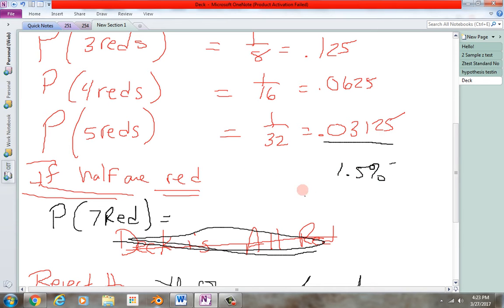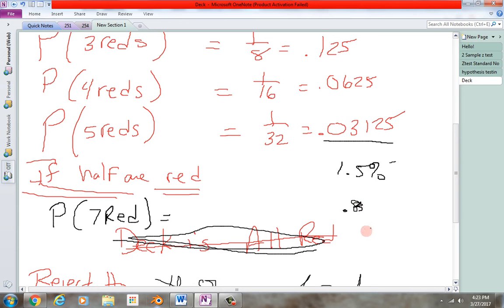For 7 reds it's roughly a 0.75% chance of getting 7 reds in a row before anybody had a fit about it. They should have had a fit way before then.